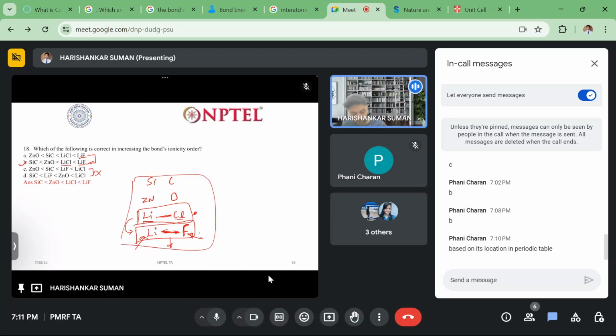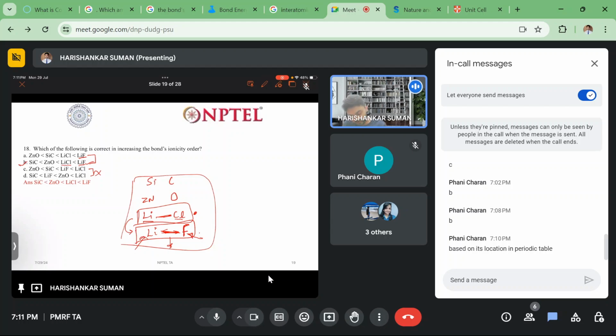I think we have already discussed in previous slides how an ionic bond is formed, and the relation of bond energy and electronegativity. So please look at the periodic table, electronegativity and atomic positions in the periodic table. Then you can easily choose the right answer.